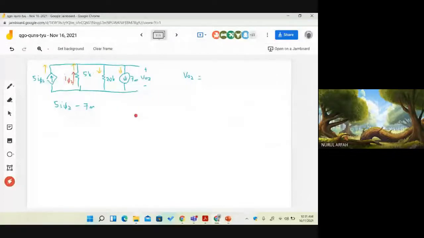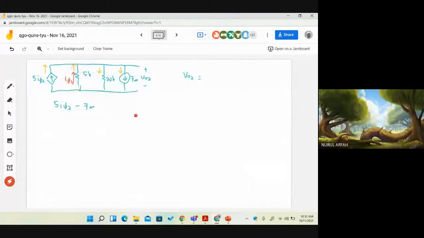Okay, because when you remove this one, that's mean you remove this dependent current source here. Kalau dia tak ada kena mengena dengan this one and this one, dependent current source here is not depends on the value coming from this 5K, then tak apa, you can actually combine these two, 5K and 20K.